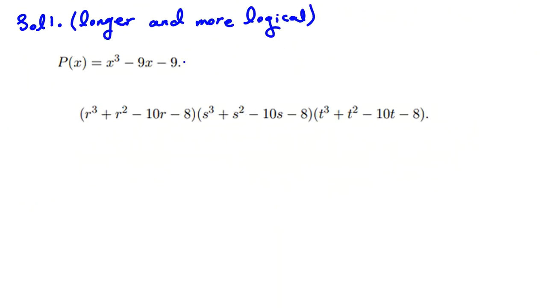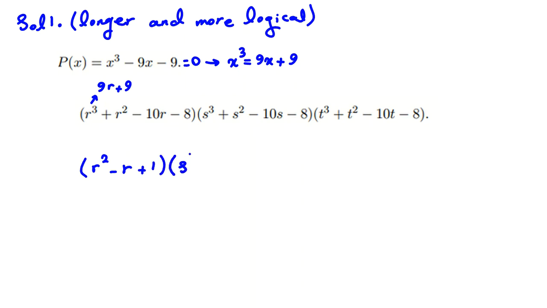Since r, s, t are roots, you can say the polynomial is 0, so x cubed equals 9x plus 9. So r cubed is 9r plus 9, and if you replace, it is r squared, first bracket, 9r minus 10r is negative r, 9 minus 8 is plus 1.